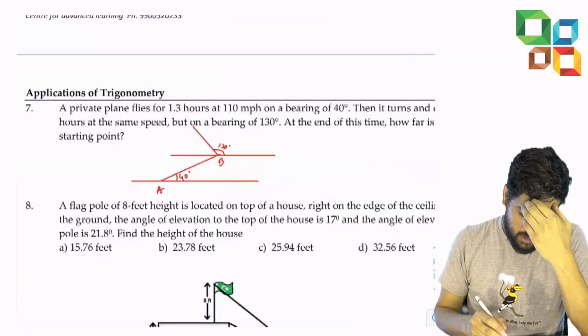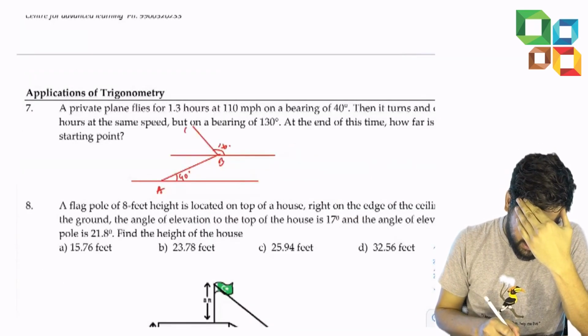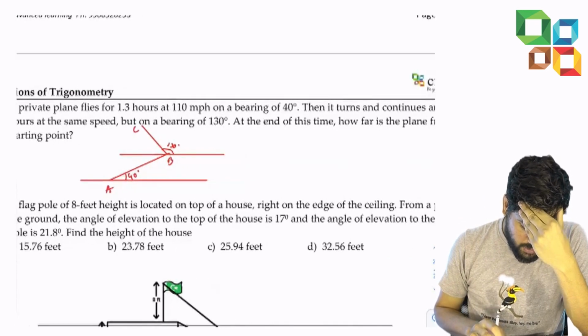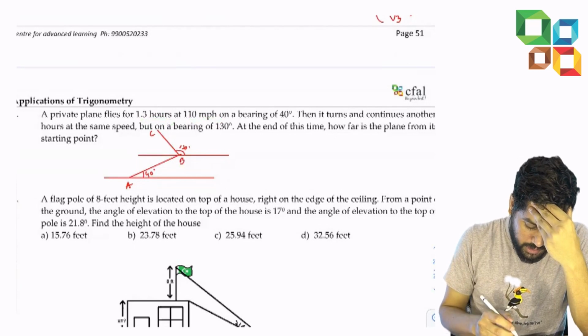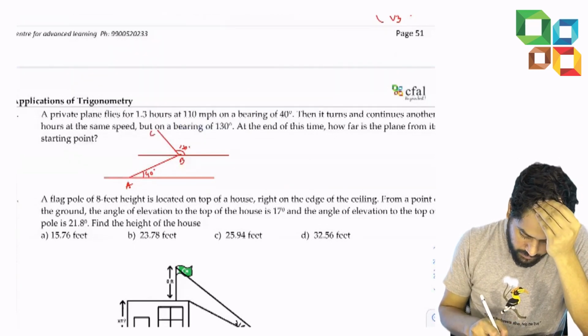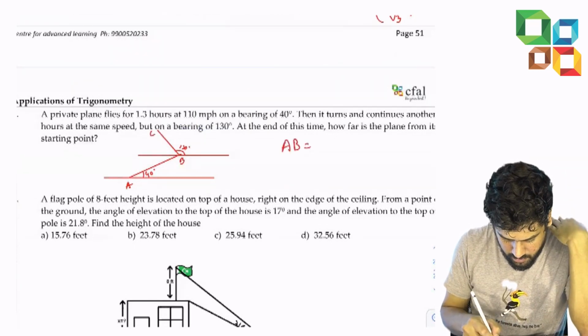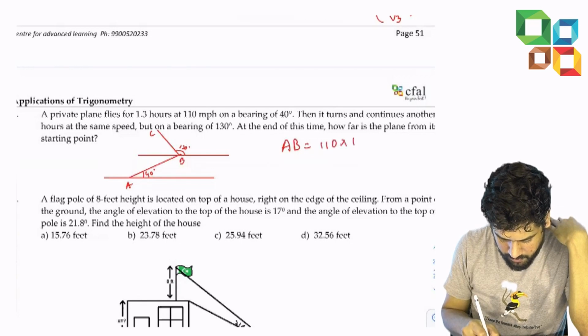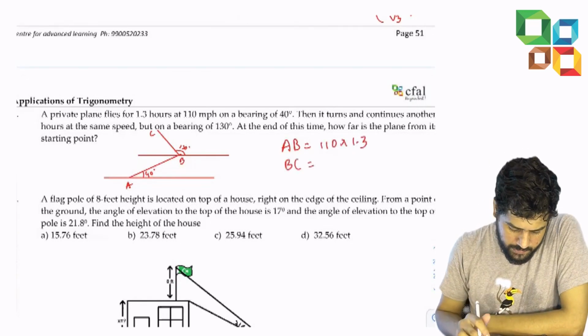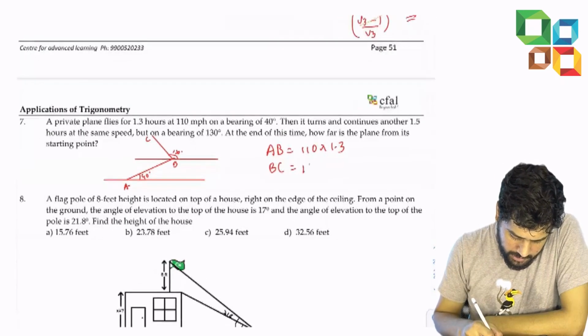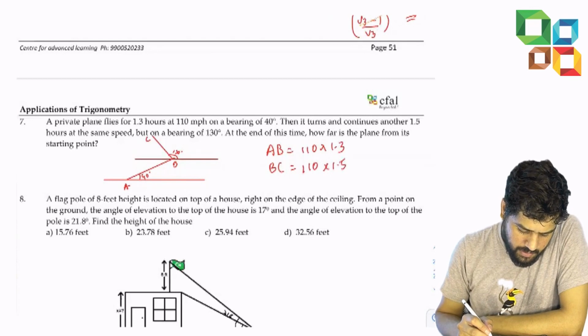Okay. So if it is 90 degrees, then it looks like it's straightforward, no? First you need to calculate the length AB. It flies for 1.3 hours at 110 miles per hour, so AB is equal to 110 into 1.3. Similarly, BC is equal to 110, same speed, into 1.5 hours, right?